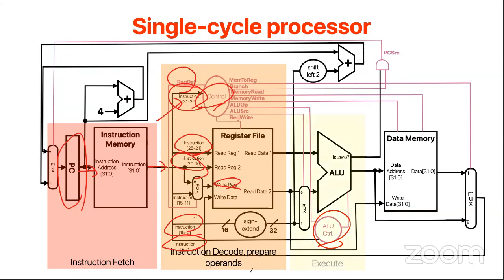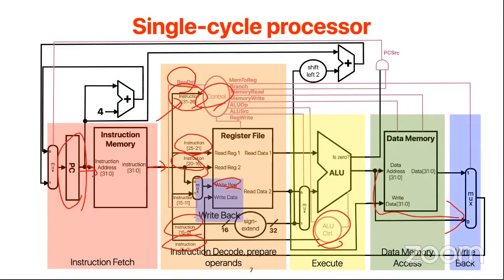So after decode, it's time for execute. After execution, depending on the instruction, we will use data memory to access, or we just bypass it and feed it to the write back logic, which would present your result in the target register.